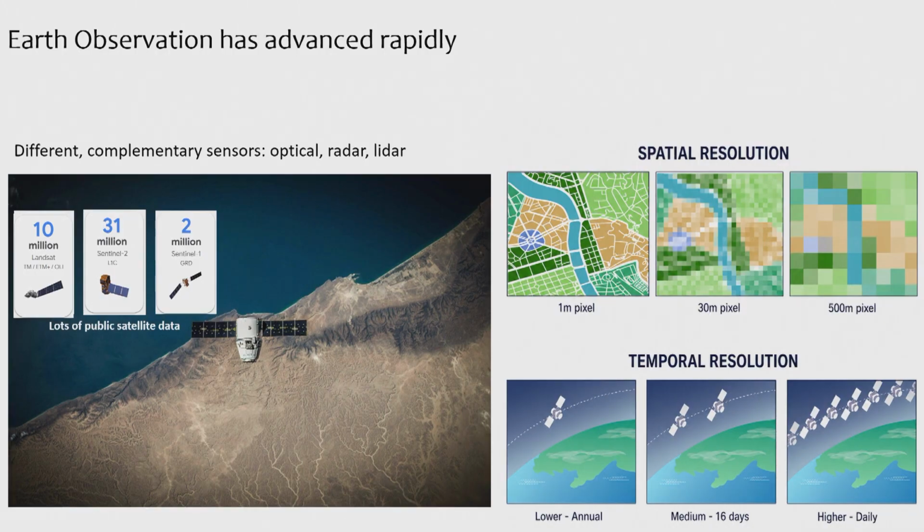And over time, we've also got much higher temporal resolution with commercial satellites going over every single day, but satellites we're using every 8 days. So this incredible advance in the technology.